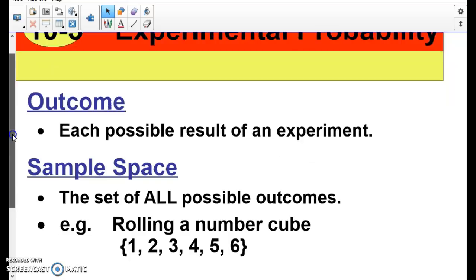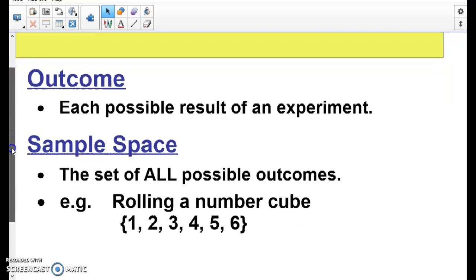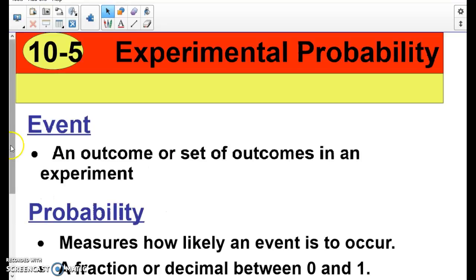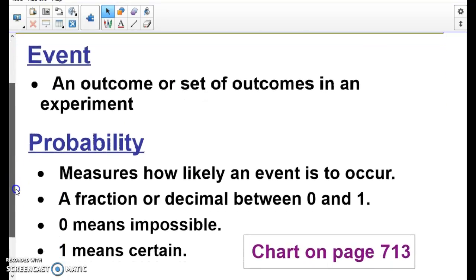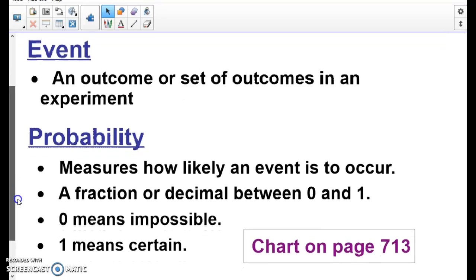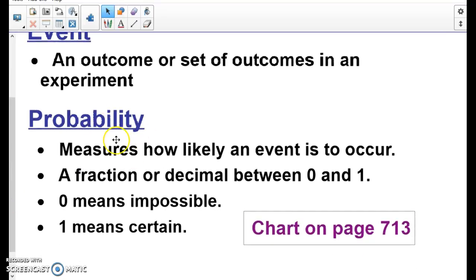So outcome: my two possible outcomes if I'm flipping a coin are heads or tails. Sample space is all the outcomes, like rolling a die: 1, 2, 3, 4, 5, or 6. And then an event is an outcome or set of outcomes for the experiment. And then probability is how likely it is to occur.